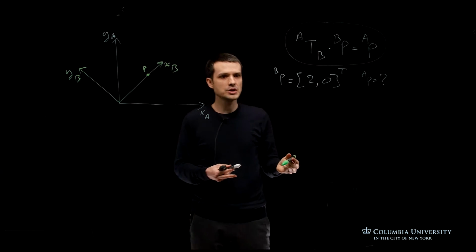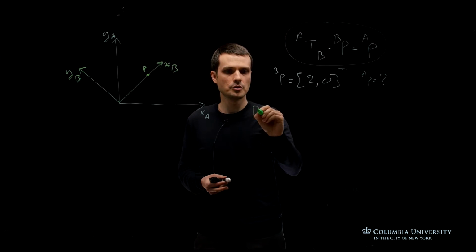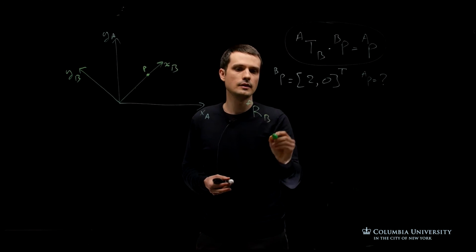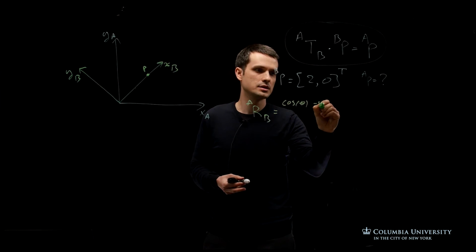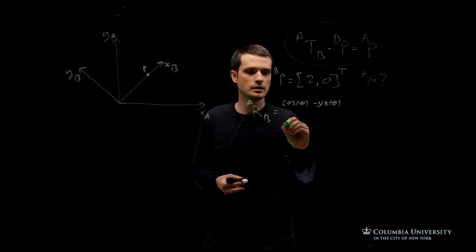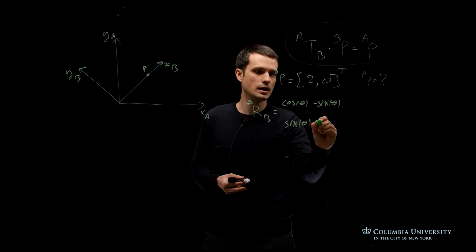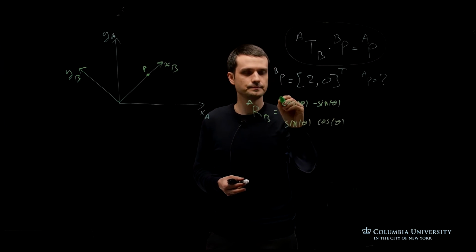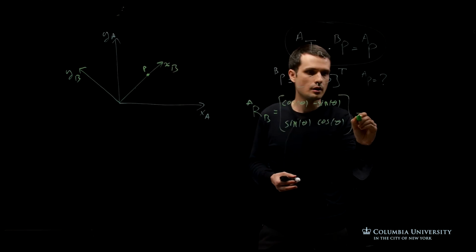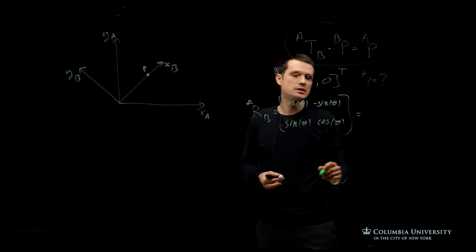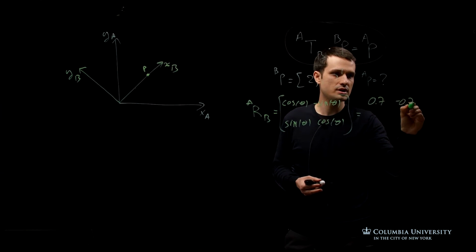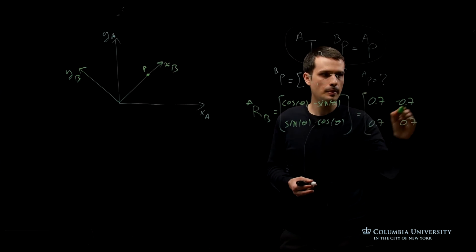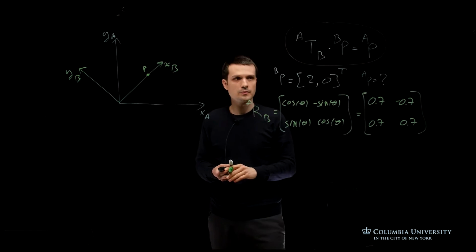So we can write the rotation matrix. So the rotation from A to B is, as we just said, cosine theta, minus sine theta, sine theta, cosine theta. In our case, theta is 45 degrees, so we're going to get, with a little bit of rounding, 0.7, minus 0.7, 0.7, 0.7. Okay?